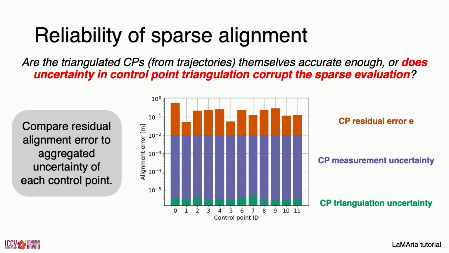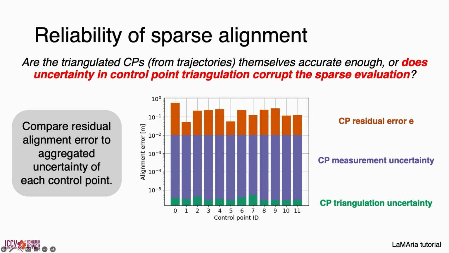So it's just LOCV, in which we iteratively ignore one control point in the alignment process and then compare its alignment error with the aggregated uncertainty. What I mean by aggregated uncertainty is just the combined uncertainty of the measurement, which is the control point measurement, and the control point triangulation. Some brief explanation about this triangulation covariance: we get it by the inverse of the Gauss-Newton Hessian from the control point triangulation problem.